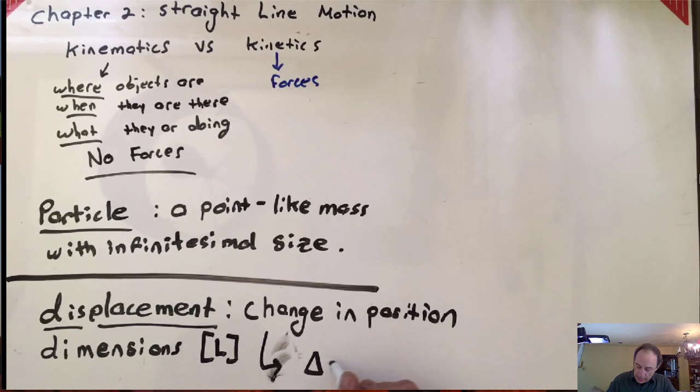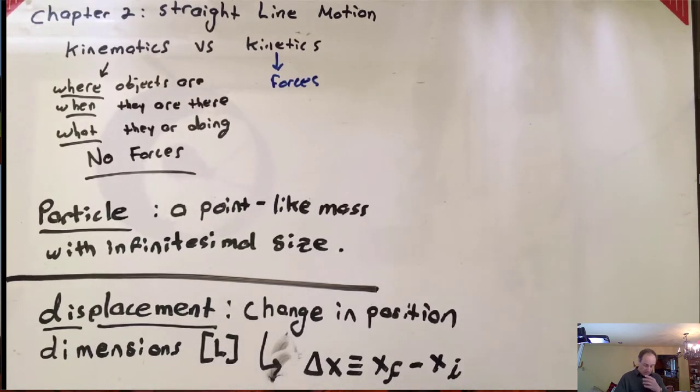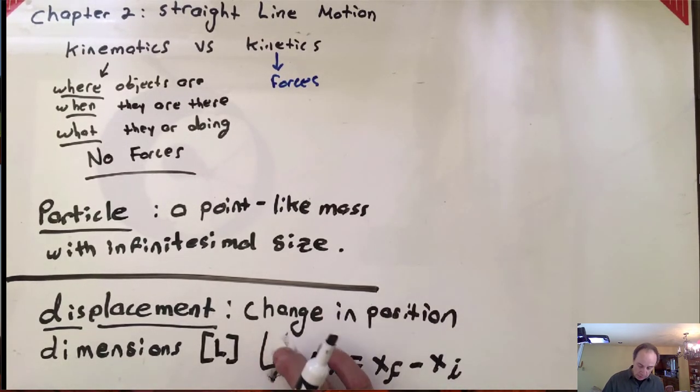So delta x, the change in the x position, is defined, this is a definition, equal to the final position minus the initial position. So an x with a subscript f, an x with a subscript i. All right, so that's its change in position. That's its displacement.